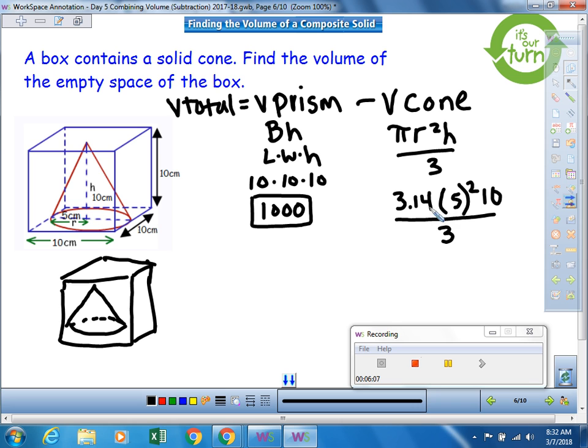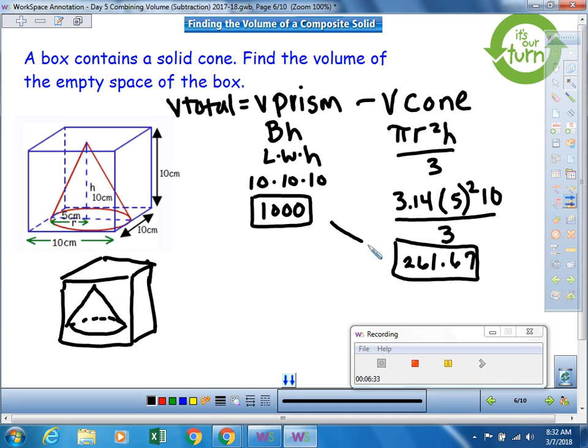So 3.14 times 25 times 10 divided by 3 is 261.6. We're going to round to 261.67. And that's about, because we're using pi. The prism is exact, but this one is about, because we're using the 3.14.